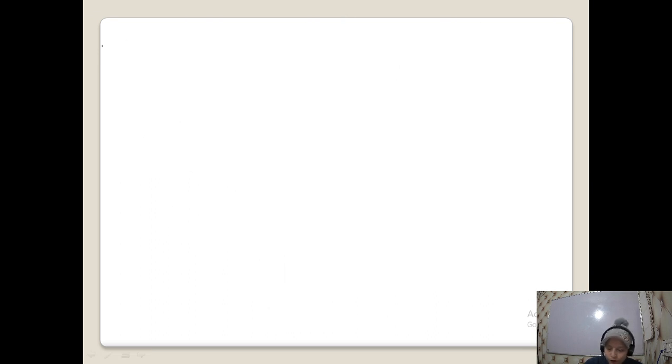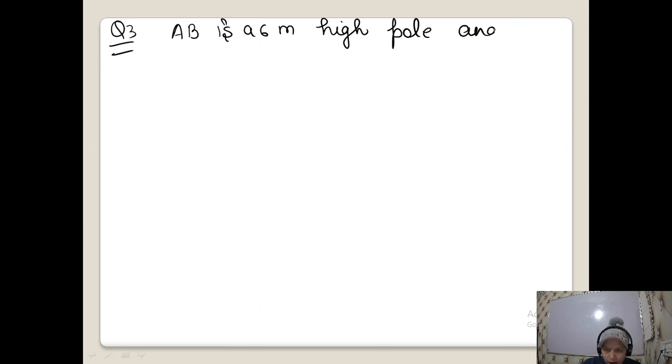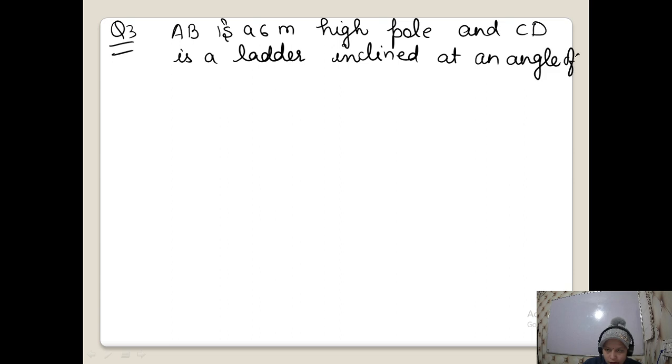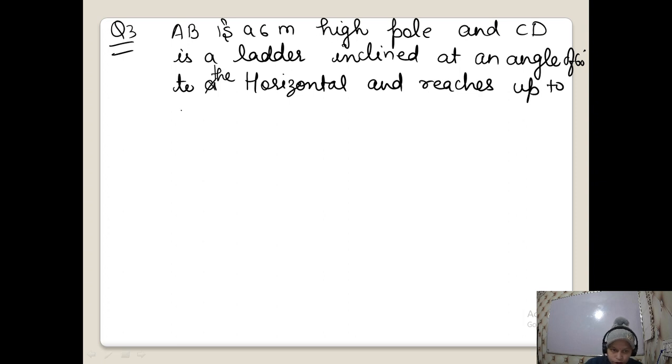Now the next question is, we have given AB is a 6 meter high pole and CD is a ladder which is inclined at an angle of 60 degree to the horizontal and reaches up to a point D of the pole.